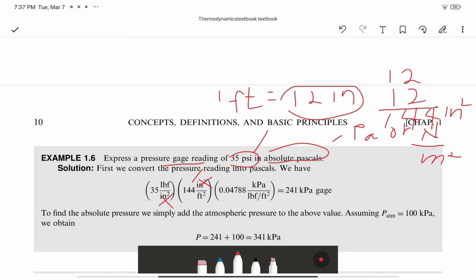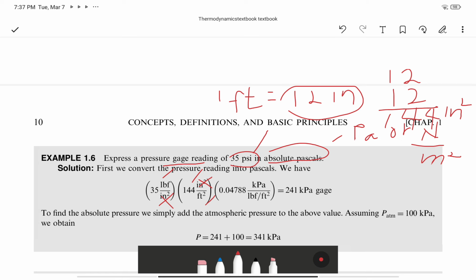So the next thing you do, as you can see, you have now pound force over feet square.